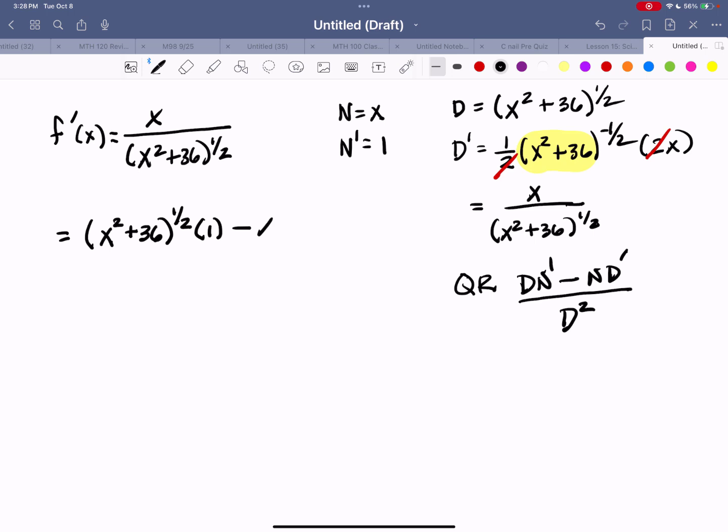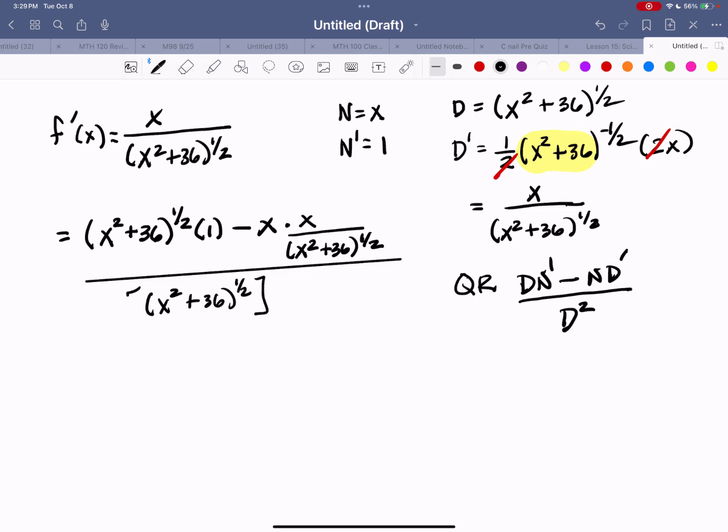Minus my numerator, which is an x, and the derivative of the denominator. Now, let's be careful here. It's going to be x over x squared plus 36 to the 1/2. All of that is over x squared plus 36 to the 1/2 squared.